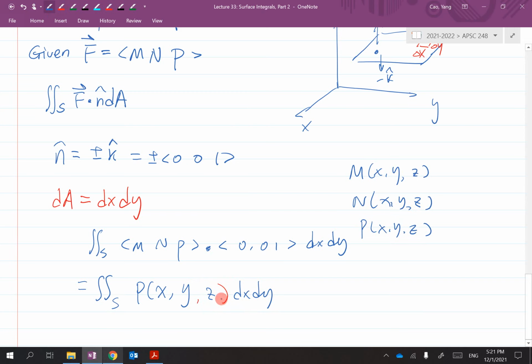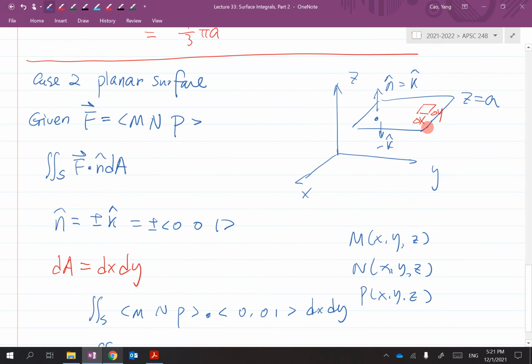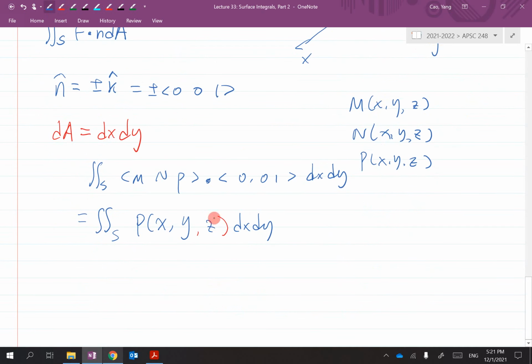So this is where you have to go back to your surface. What is the surface? The surface is z equal to a. So the surface is exactly at z equal to a. That's why the z over here, you have to replace with the actual surface location, z equal to a. And now you have everything in terms of x and y, which you can calculate as a double integral.